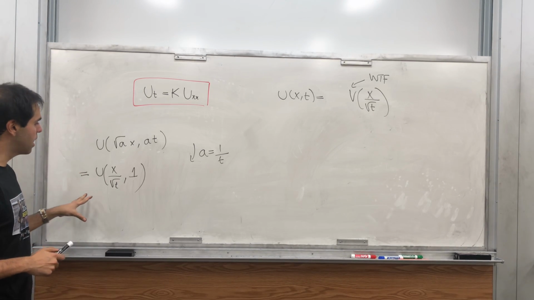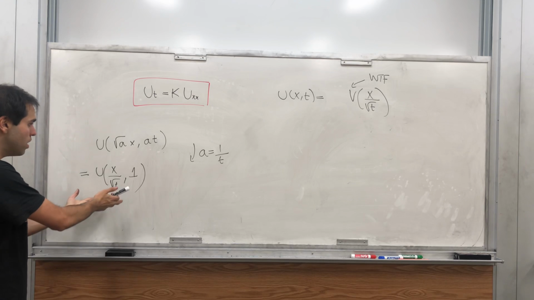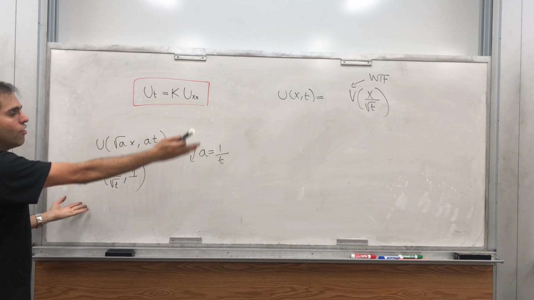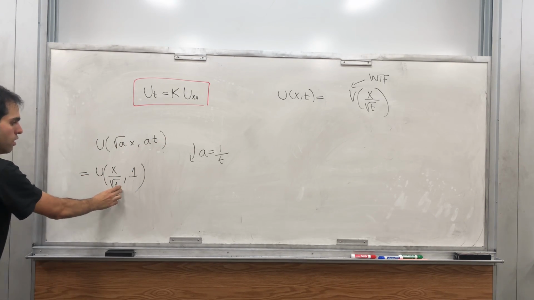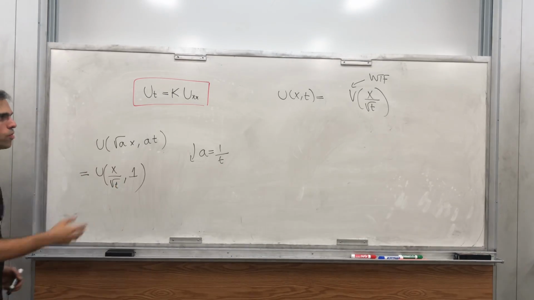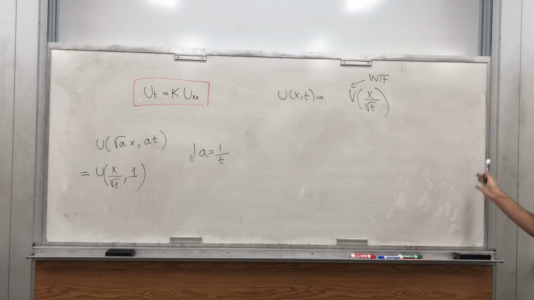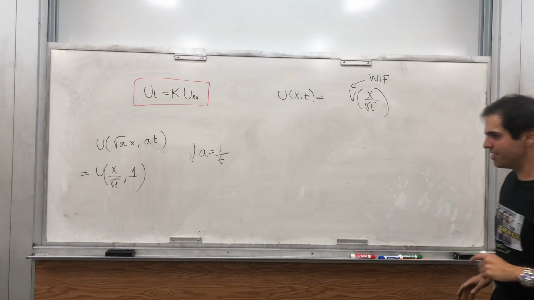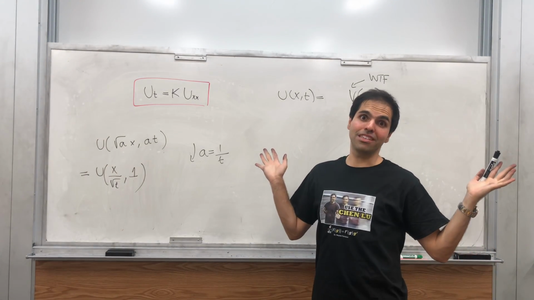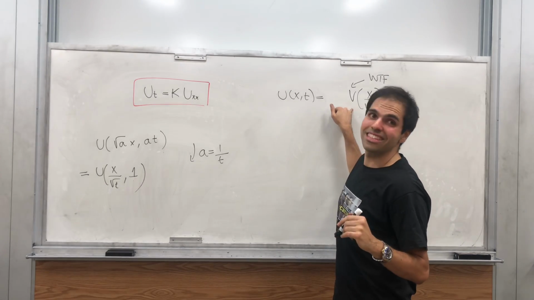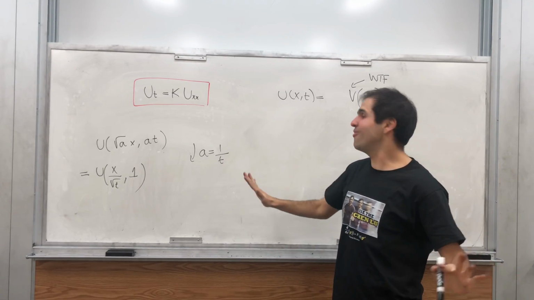There's no reason this has to be correct. But notice, this is of the form v(x/√t). It's a function of x over square root of t. So this thing with this dilation invariance is actually not too nonsensical, except it doesn't work. If you plug this into the PDE, it won't work.